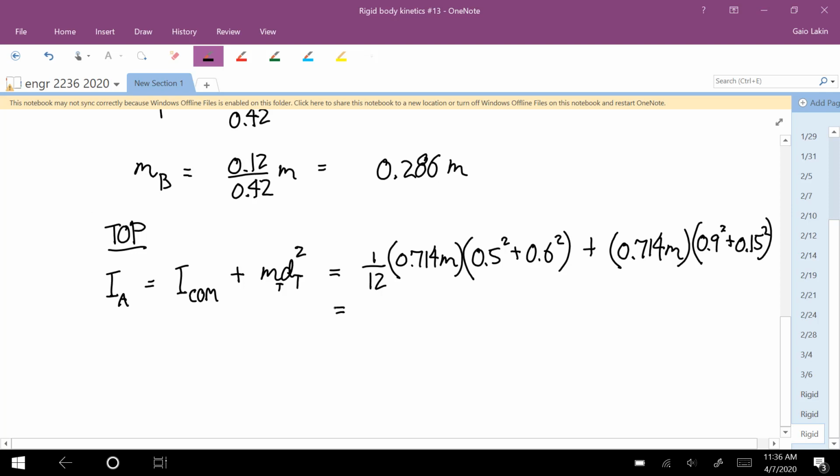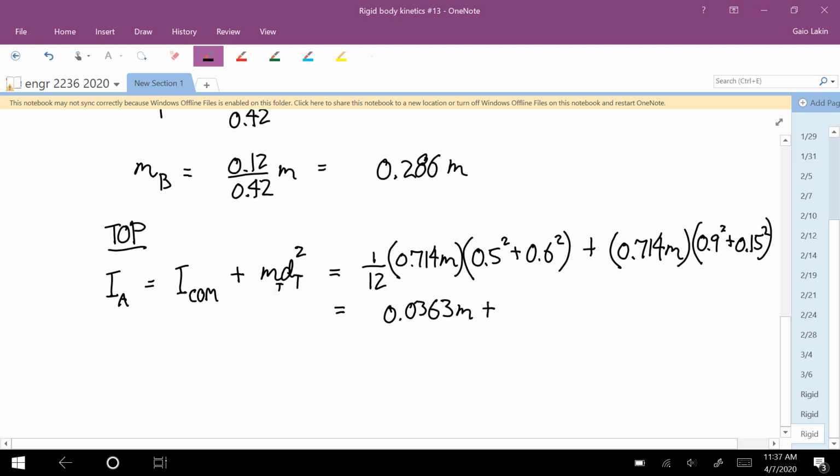And so we get this first piece is 0.0363 m.